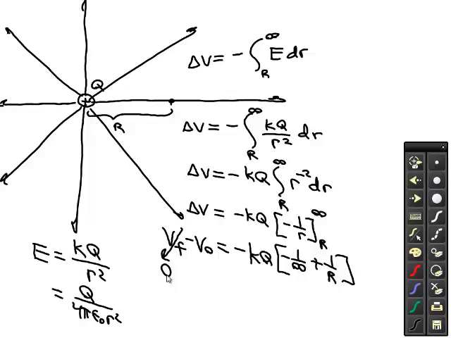So if we drop the negative signs, we have V naught equals KQ over R. We can drop the naught too. So the potential at any distance from a point charge is KQ over R.